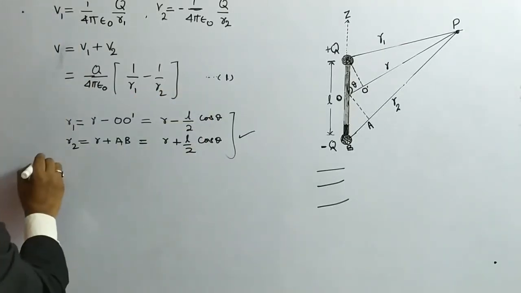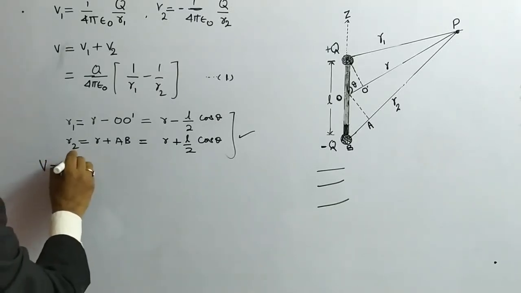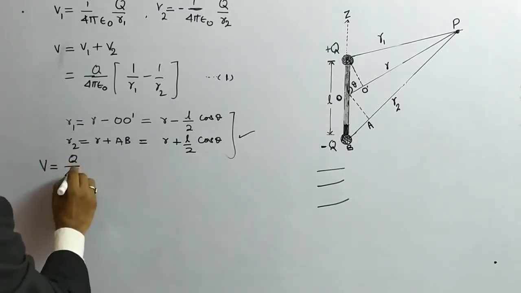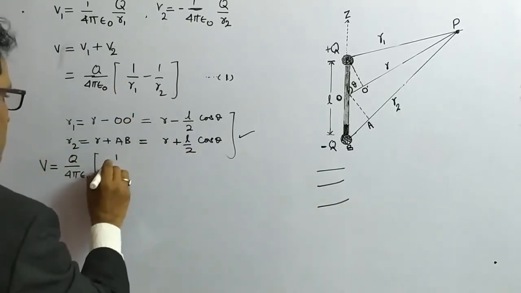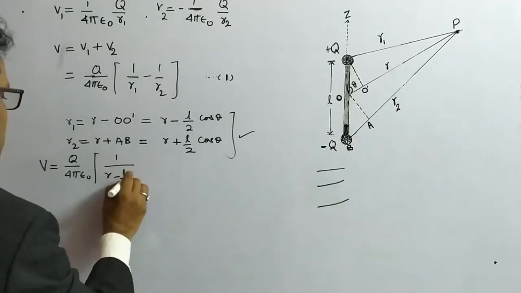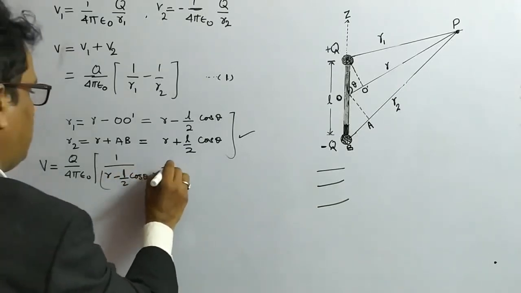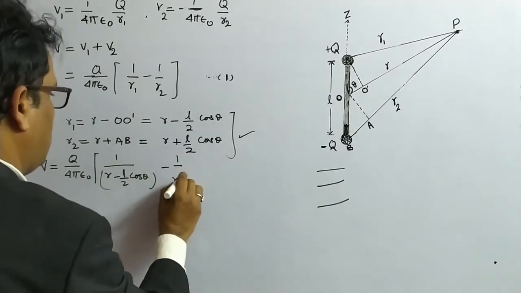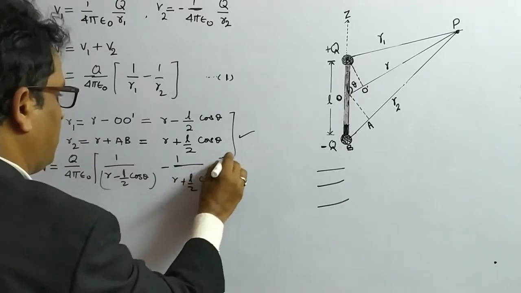So I have the total potential V will be q upon 4 pi epsilon naught, 1 upon r1 means 1 upon r minus L by 2 cos of theta, minus 1 upon r plus L by 2 cos of theta.